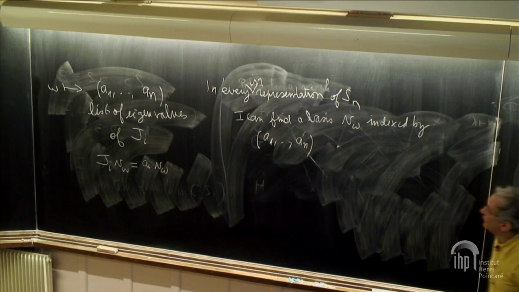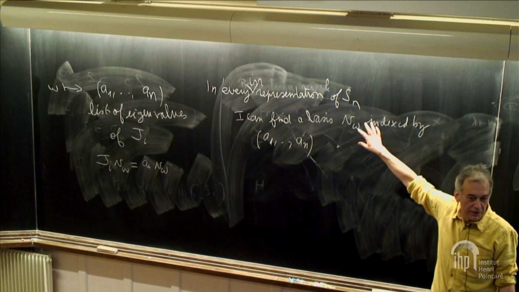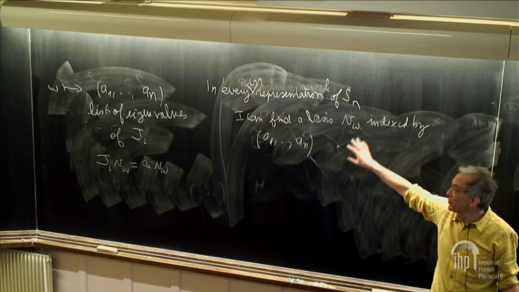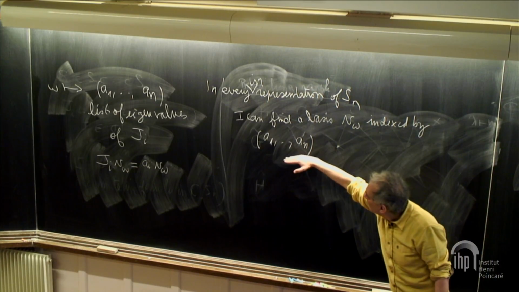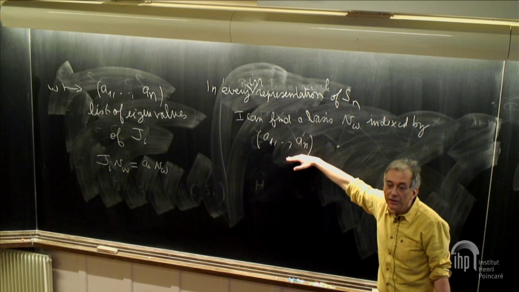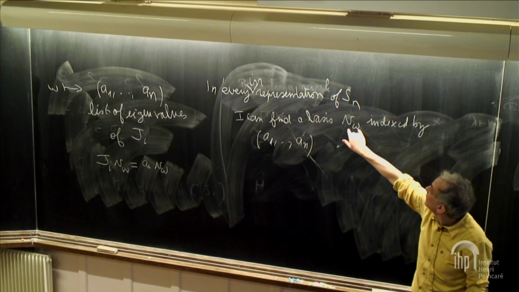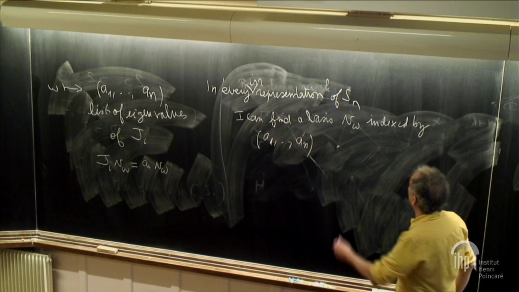I don't know yet that my graph is the graph I described. I told you that it is a reasonable conjecture, but of course I have not proved that. But what I know is that these numbers completely characterize the basis. I can index a basis by the sequence of eigenvalues.